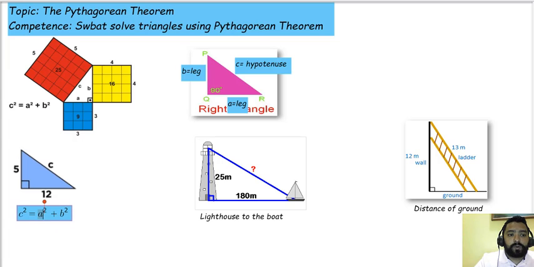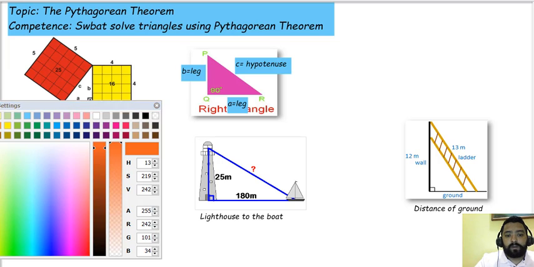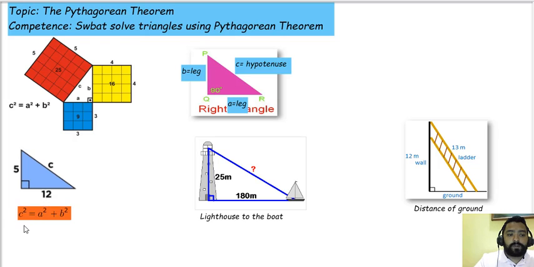Now we are going to solve this exercise applying the theorem. So first we are going to write c to the second power equal, and the values for a and b. In this case I'm going to choose 5 to the second plus 12 to the second.